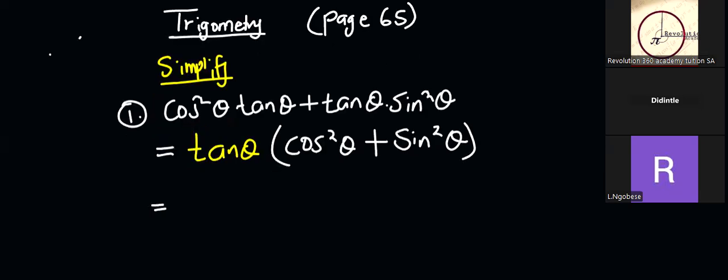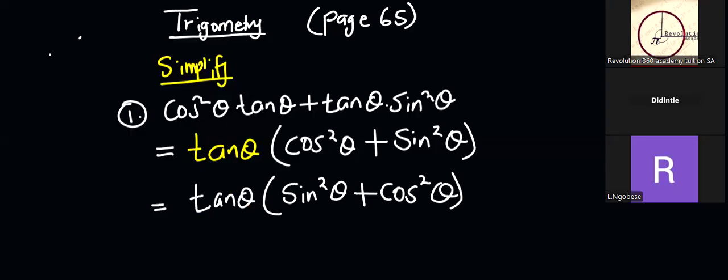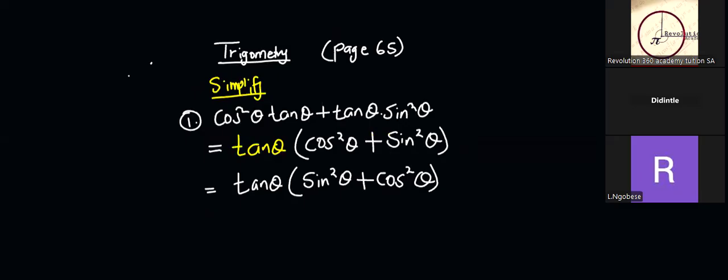Open bracket. Then you can rearrange, starting with sine squared theta plus cos squared theta. So here it's a matter of rearranging the two. If you still remember from the square identity in your notes, sine squared theta plus cos squared theta gives you 1.